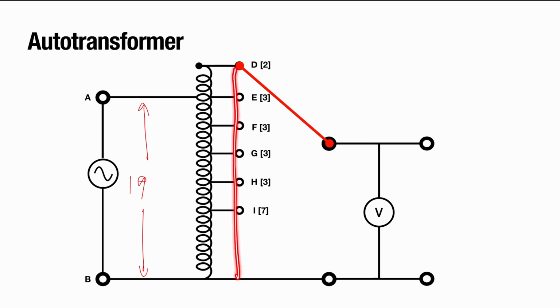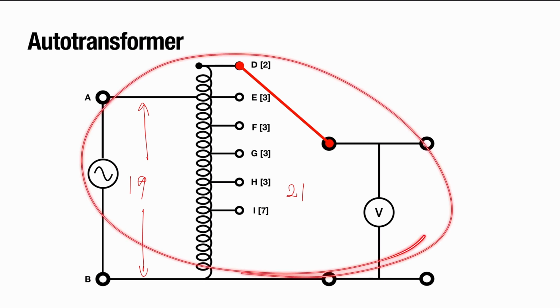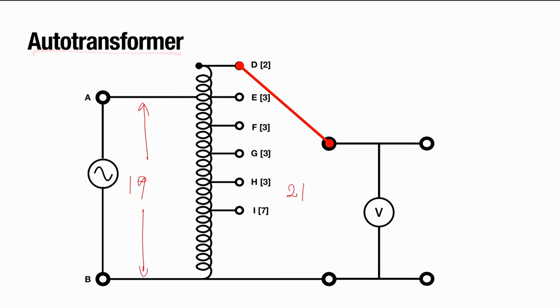So the number of windings here is 19 plus 2, and this will give us 21 windings on the secondary side. Therefore, in this particular configuration, our autotransformer functions as a step-up transformer. The voltage we expect to observe here is going to be larger than the one in the source.